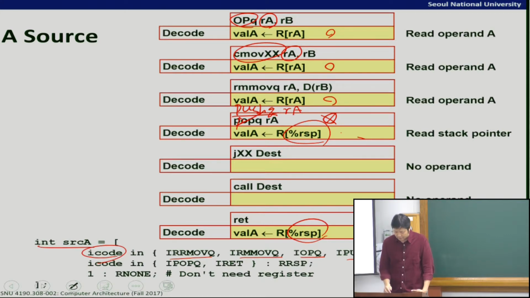So that's how you define this source A combinational logic, which takes I code as input and generates the register ID you want to read from. In summary, depending on the instruction type, you read either from register RA or the stack pointer.